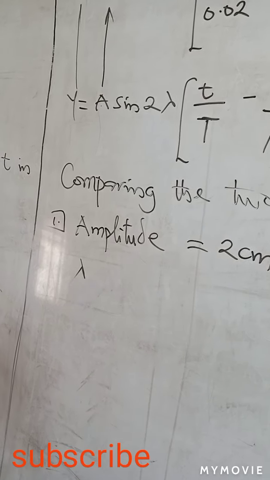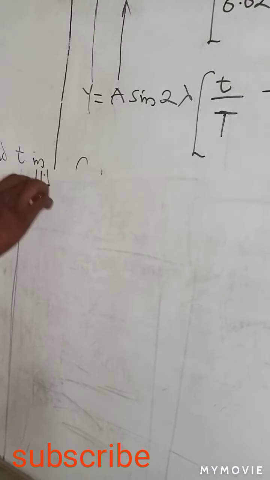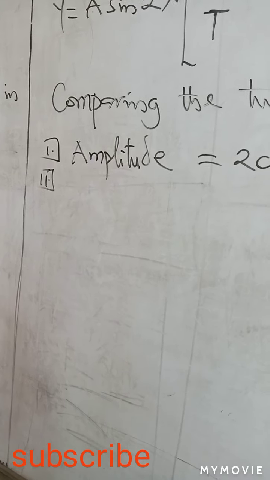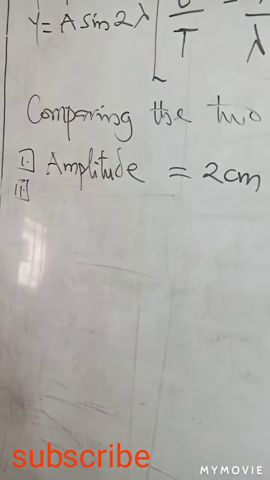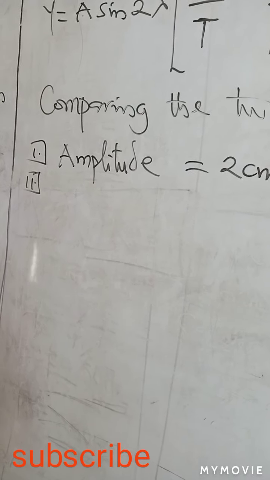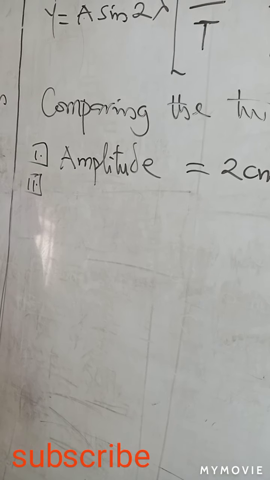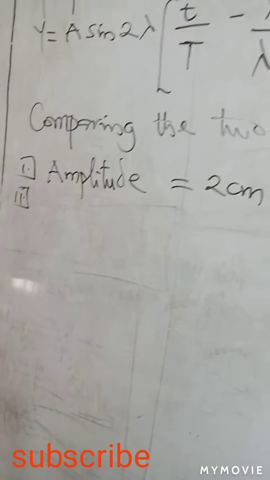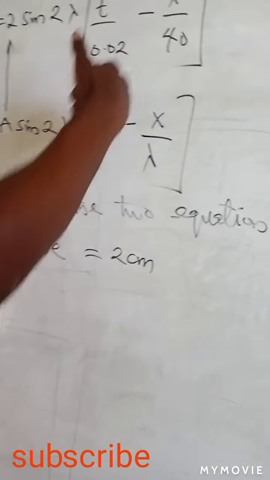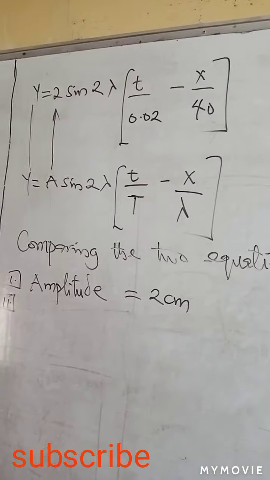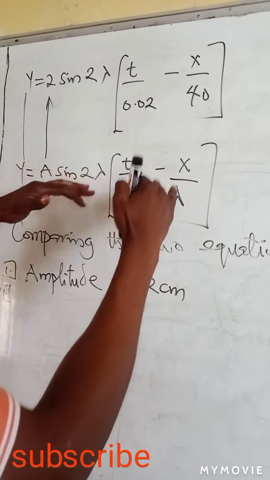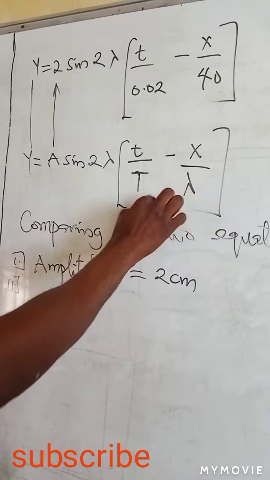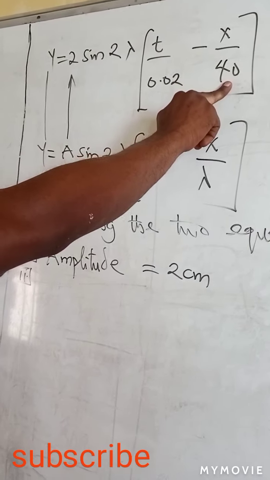The first thing to do, having gotten our amplitude to be 2 centimeters, the next question here is that you have to determine the wavelength. The wavelength is just as simple as comparing the two equations again. Where we have wavelength in the general equation, we have 40 in the given equation.